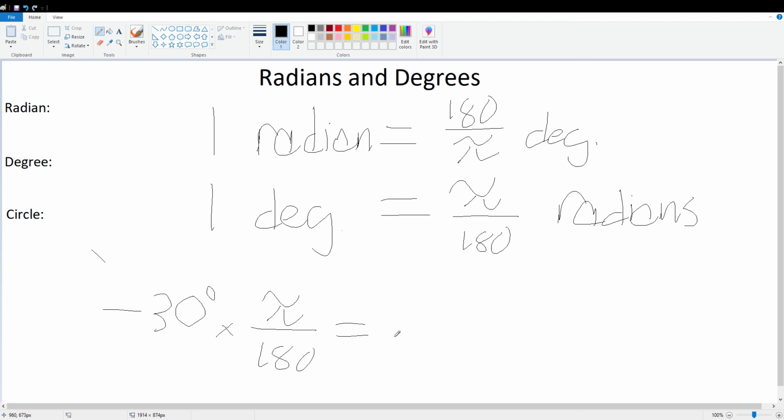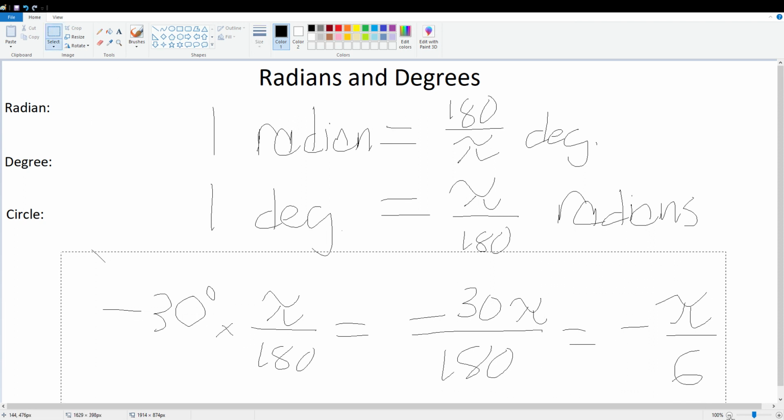You should get negative 30 pi over 180, which can simplify to negative pi over 6. So negative 30 degrees converted into radians is negative pi over 6.